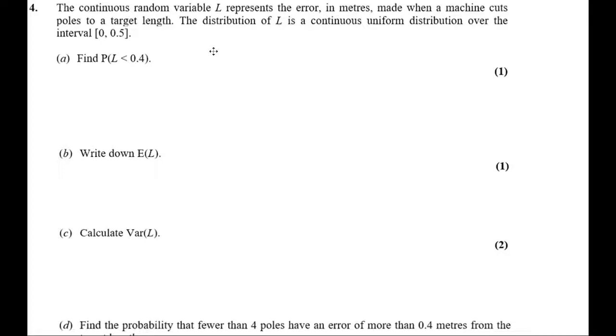And question 4. The continuous random variable L represents the error in meters made when a machine cuts poles to a target length. The distribution of L is a continuous uniform distribution over the interval 0 to 0.5. Straight away from here, we can define the uniform distribution.